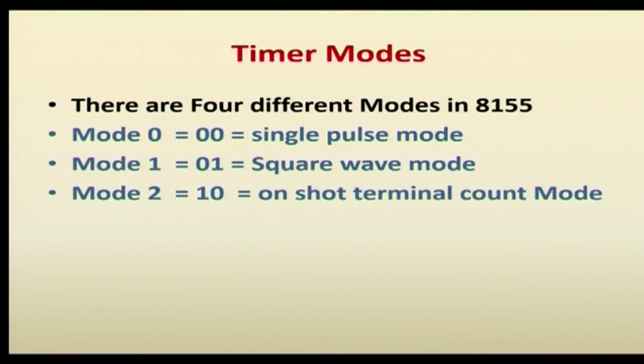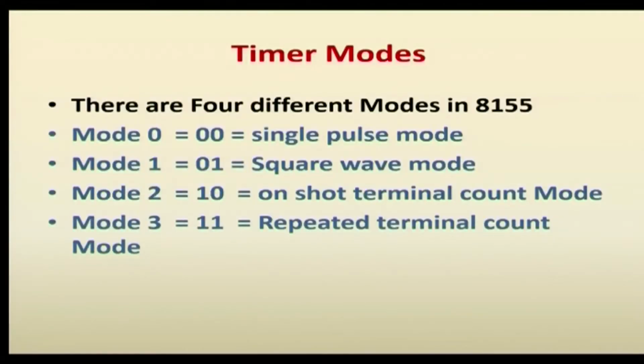So, after the end of the count, one pulse goes low, then it will become high level, that is why it is called a one shot pulse. Mode 3 is activated by using 11. Here, at the end of every count it will give a one shot pulse, that is why this is a repeated terminal count mode. So, we will discuss each mode clearly.